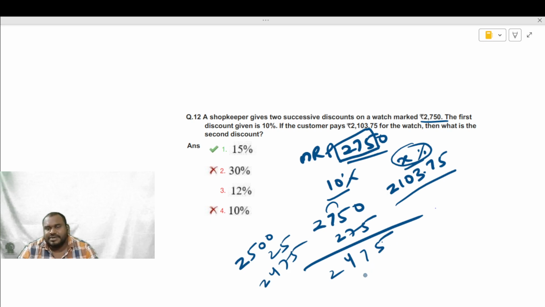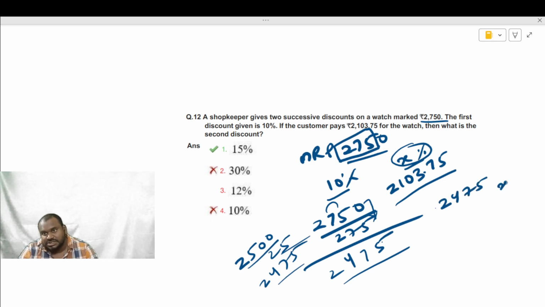Doing it the long way needs more concentration on how much number is left. Instead, just subtract 250 first, then 25, and get 2475. Now, out of this 2475, there is one more discount of X percent, which I don't know.